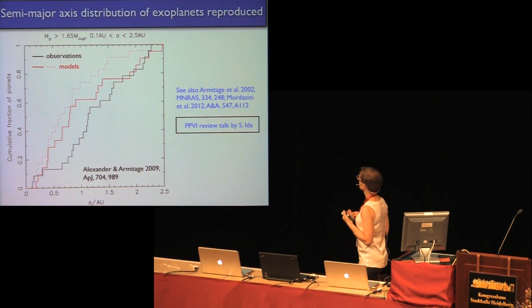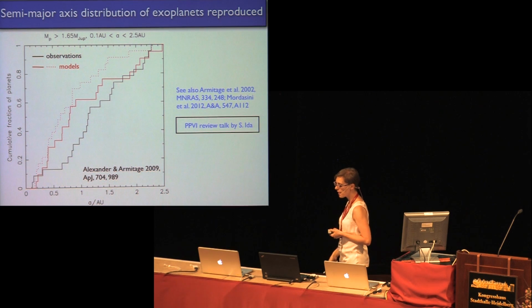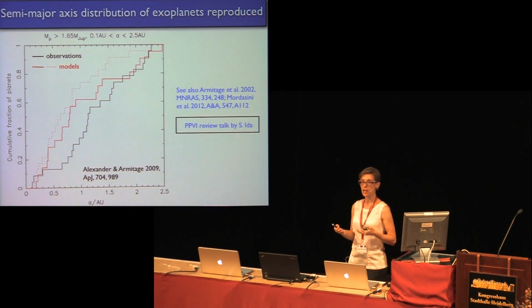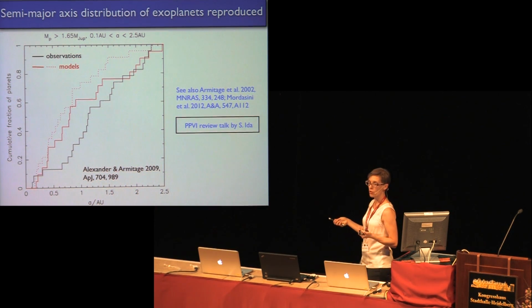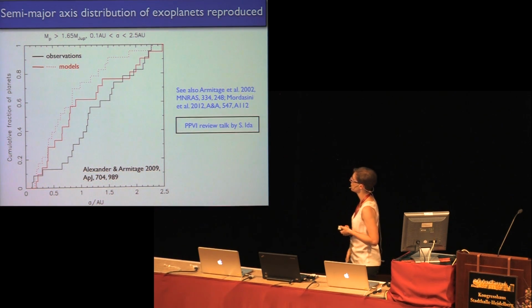So first of all, it has been recognized already, in a paper by Alexander and Armitage, 2009, that the same disk models that can explain disk lifetimes and the evolution of mass accretion rates can also explain the location of observed giant planets. The observations are shown in black, solid lines, and the models are shown in red.